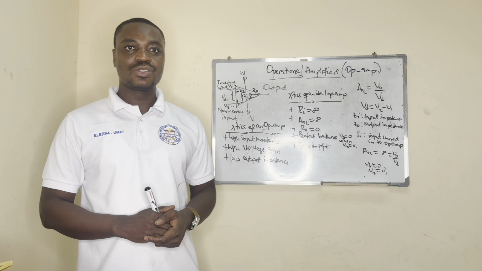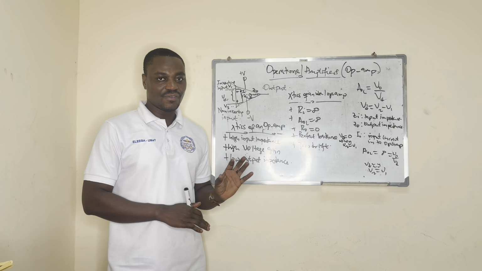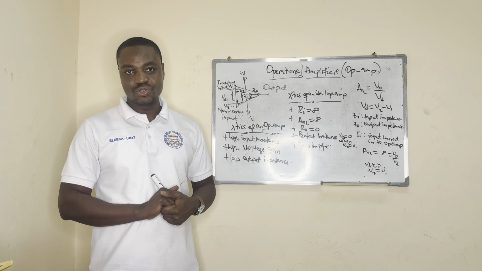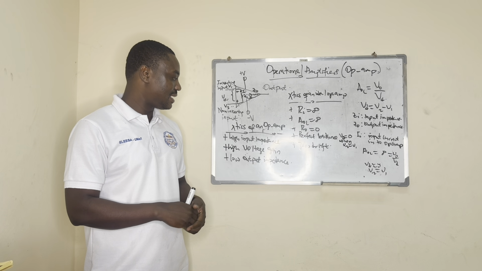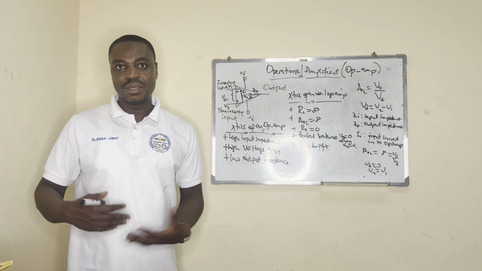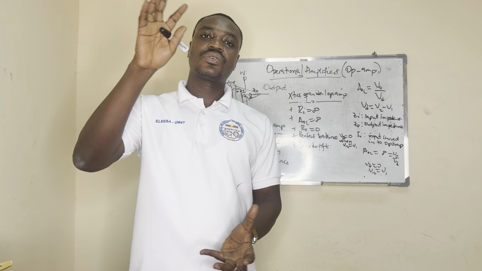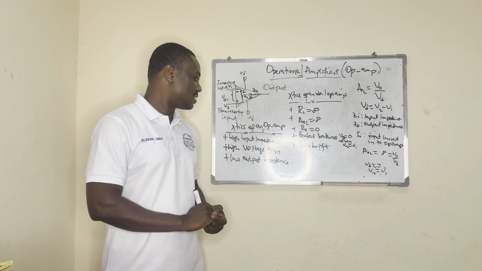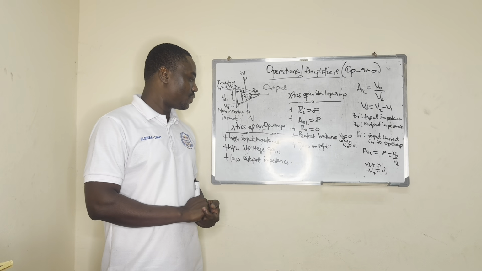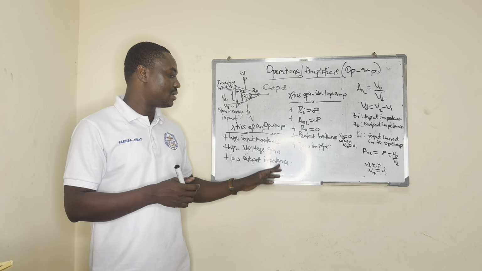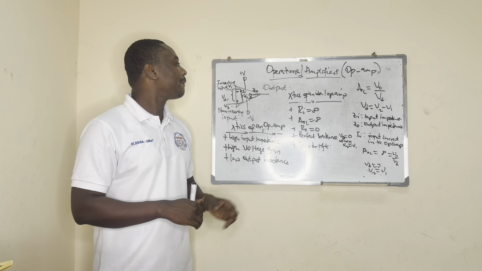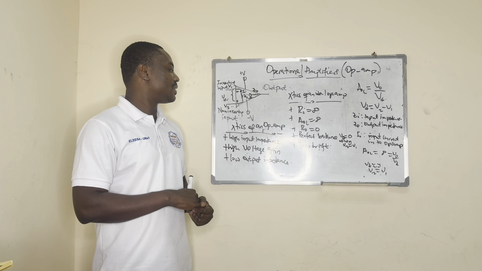So in order to ensure a low amount of current or almost zero current, we make sure that the input impedance, which we can consider to be the same as resistance, is very high, and in that process, that will ensure that you have a small amount of current or maybe zero current passing through the operational amplifier.